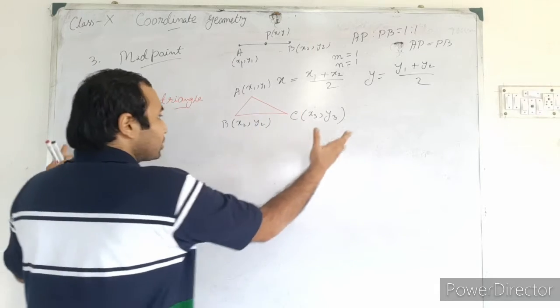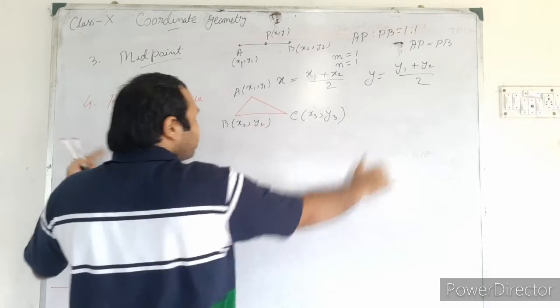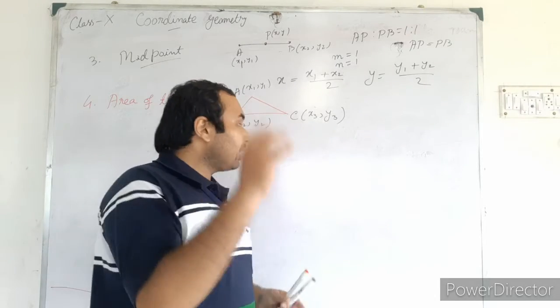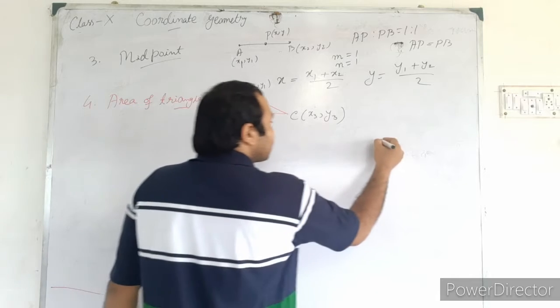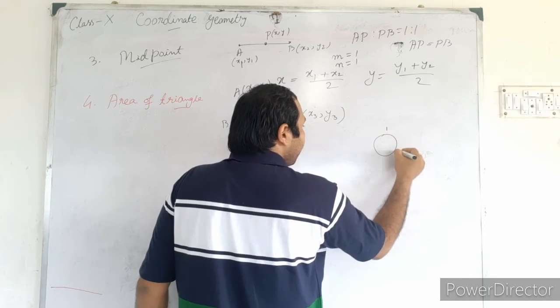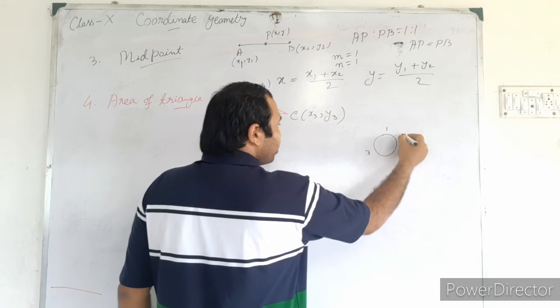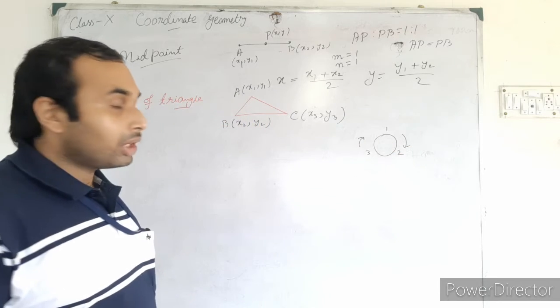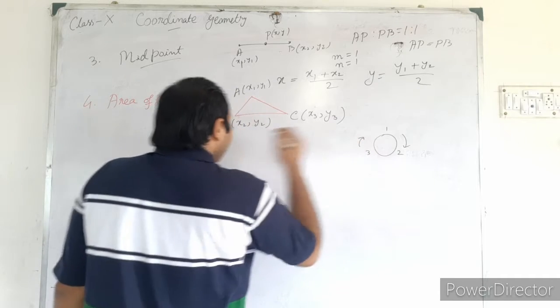Actually the formula is quite long, but symmetry is also there. Just draw one circle over here, name those 1, 2, 3, and also 2 clockwise arrows.